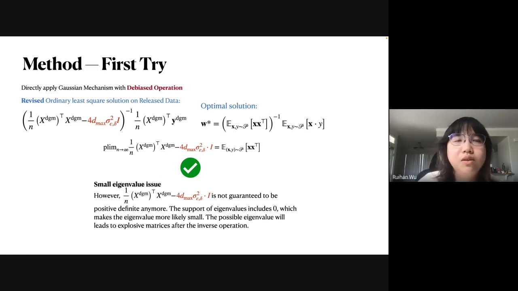However, there's still one concern, which is the small eigenvalue issue. Now this matrix is not guaranteed to be positive definite anymore.